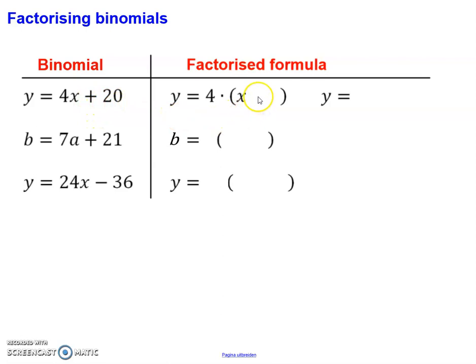So over here should be plus 5. It's really easy to check just by using your arcs. You can write it down, but you can also do this just by looking at this binomial, at this example. 4 times x is 4x. 4 times plus 5 is 20. So this one is correct.